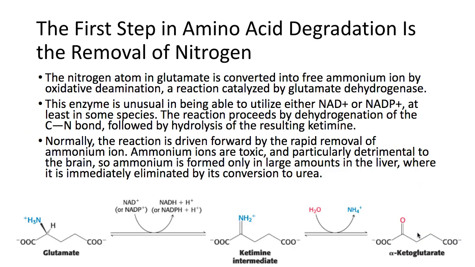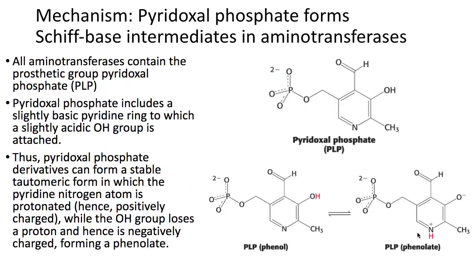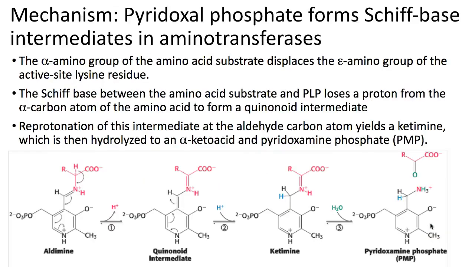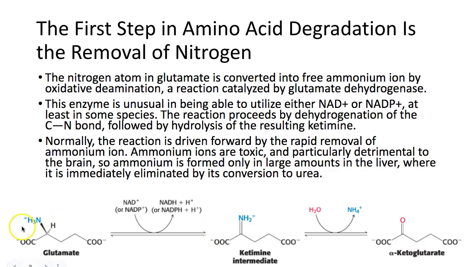So once this alpha-keto acid is released, it reacts with another amino acid to end up forming glutamate. And so with the glutamate, that is where we're at here.